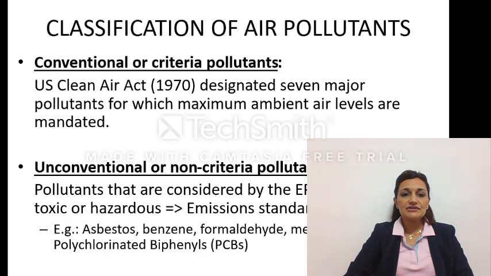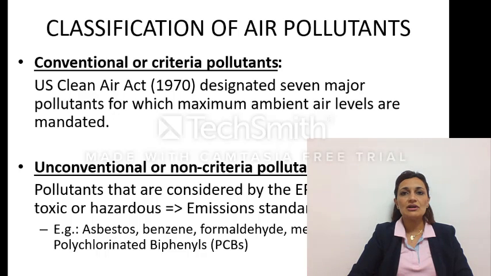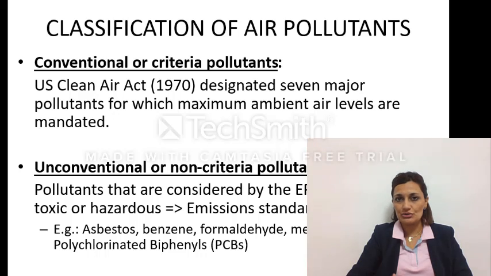The unconventional are mostly anthropogenic. Remember yesterday we said anthropogenic, that is human-made activity. So chemically we produce them, or physically we generate them. Versus conventional, they are naturally emitted from primary resources. This is the difference between conventional and unconventional.